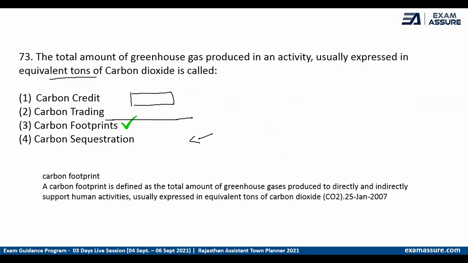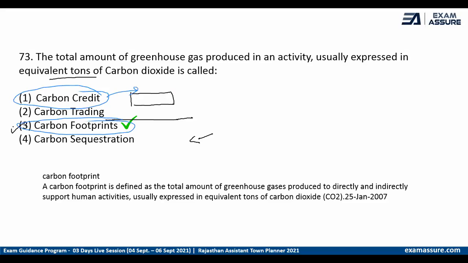Total amount of greenhouse gas produced in an activity, usually expressed in equivalent tons of carbon dioxide. That is carbon footprint. This is a very easy question. The term carbon footprint comes up in a lot of architecture exams, and circulates in newspapers also. Carbon trading is a facility in which those who emit less carbon get carbon credit, which works as a currency.